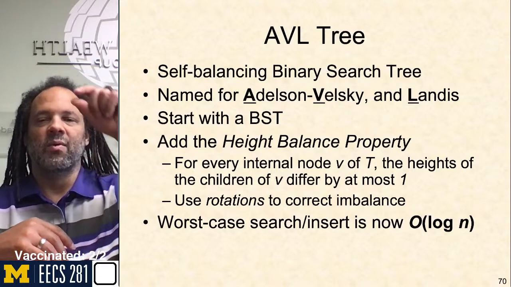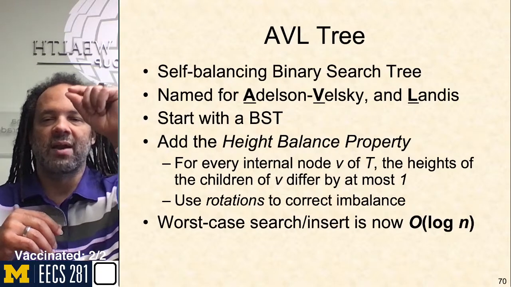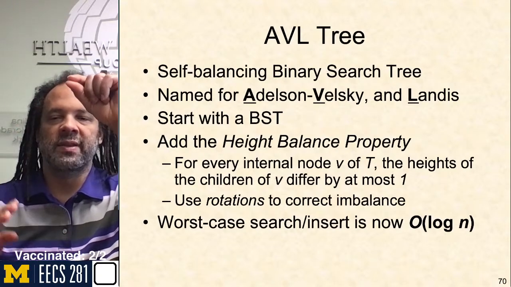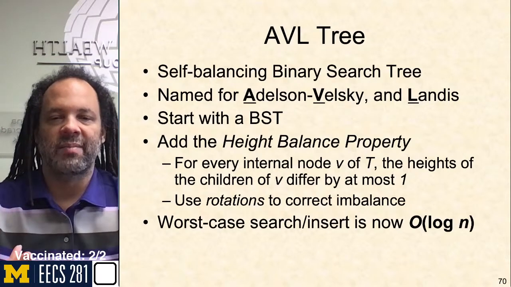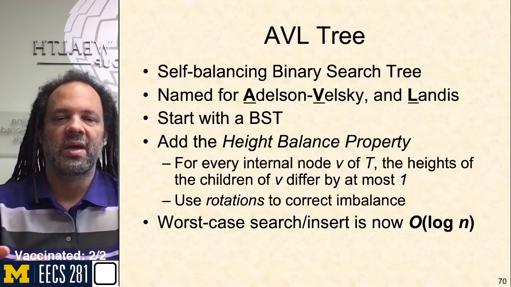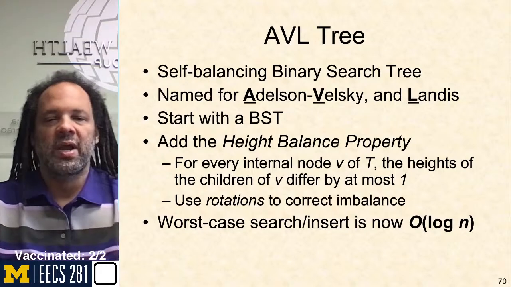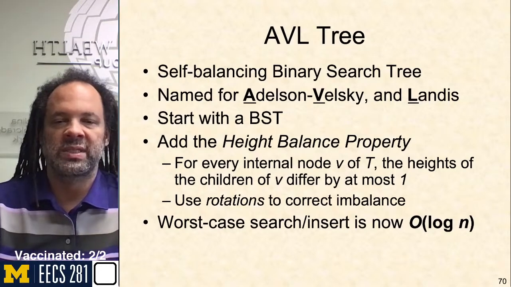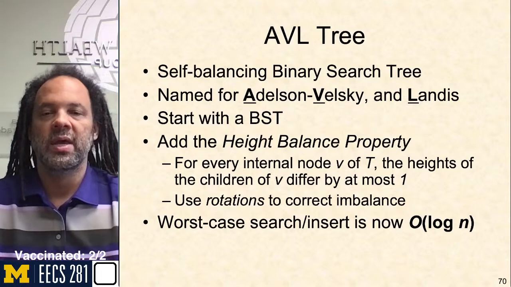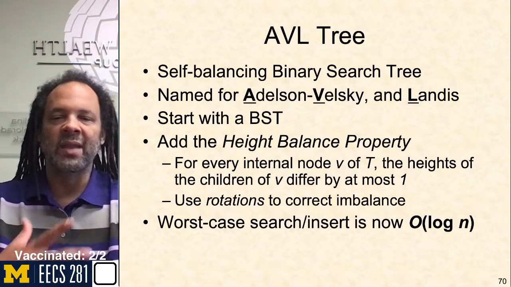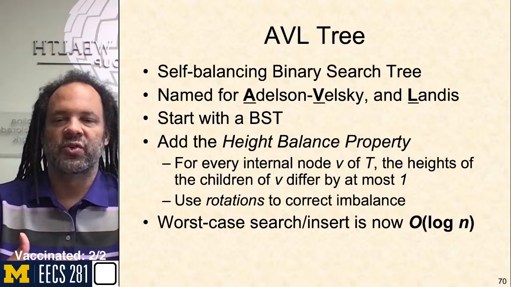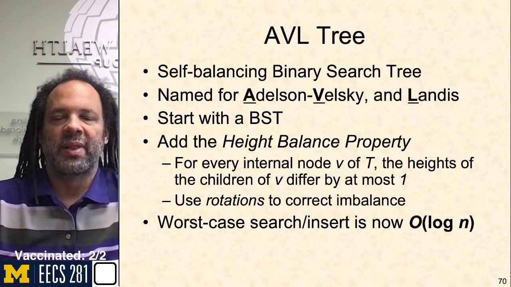If I've got a root here, I can't have 4 children on this side and no children on that side. That would violate my height balance property because I'd have a subtree of height 4 and a subtree of height 0, and those differ by more than 1. So the height balance property is going to prevent that from happening. And to do that, as we modify the tree, we're going to learn about how to apply rotations.